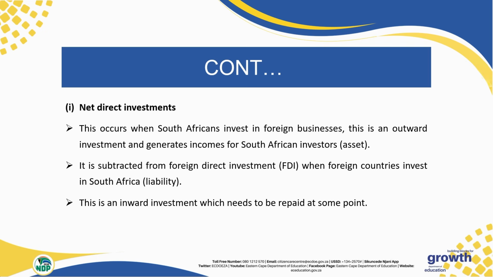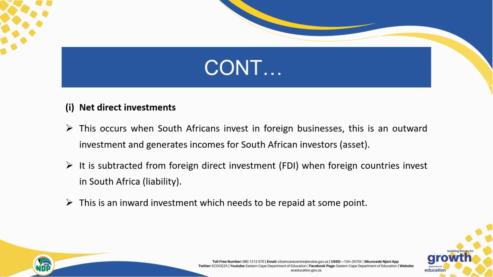The first sub-account is called the net direct investment. Under the net direct investment, if a South African decides to invest in any other country by buying or opening up businesses in the rest of the world, then that amount of money is regarded as an asset and is recorded under the net direct investment.